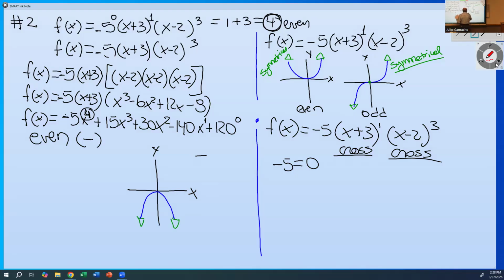It's a false statement because -5 will never be equal to 0. It's undeniable that it's one of the factors, but we cannot use this one to find the zeros of the polynomial or the places where the graph will be crossing the x-axis, because -5 will never be equal to 0.